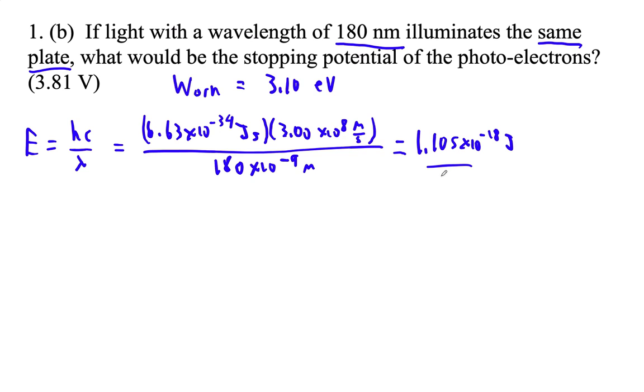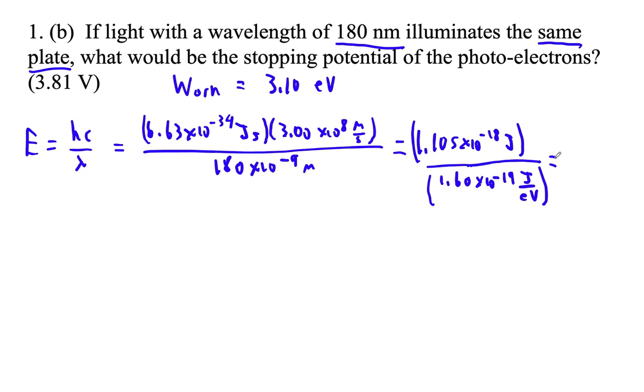And then we're going to divide that by 1.60 times 10 to the minus 19th. And that is joules per electron volt. And if we do that calculation, we'll get electron volts.